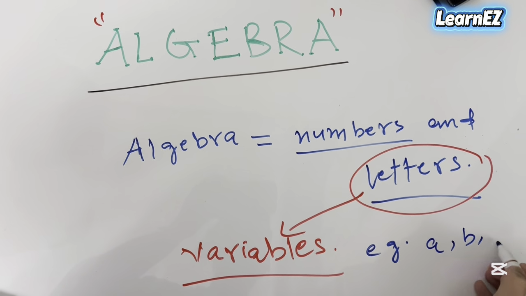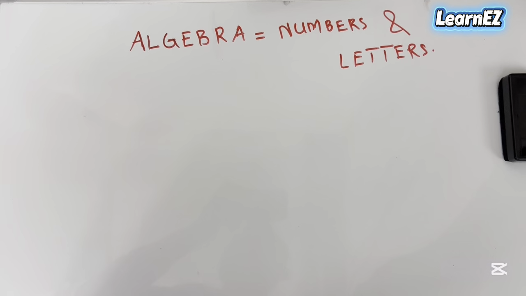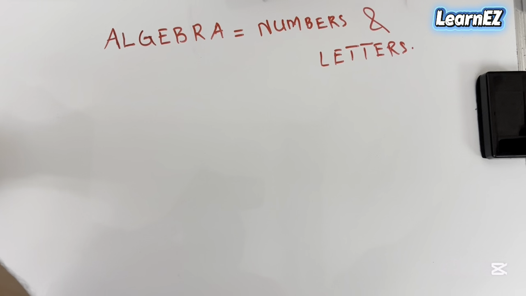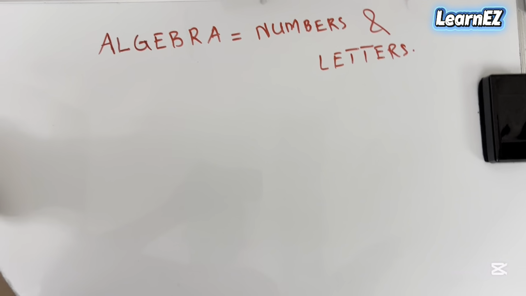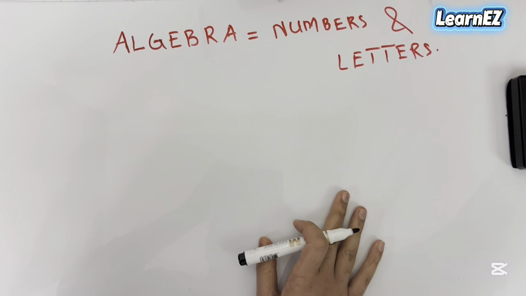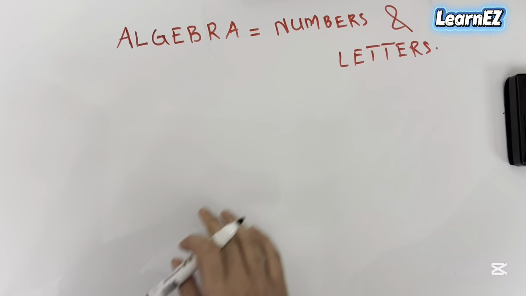Okay, so it's just very easy to remember. So this is like algebra, numbers and letters. I've mentioned it. I will keep it there so you keep it in your mind because this is the basic definition.